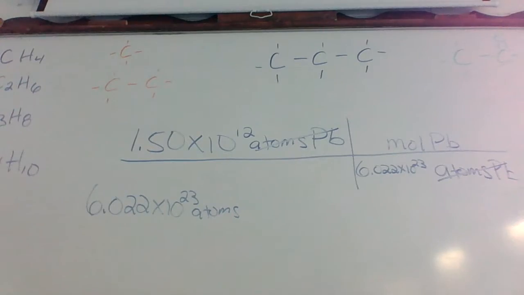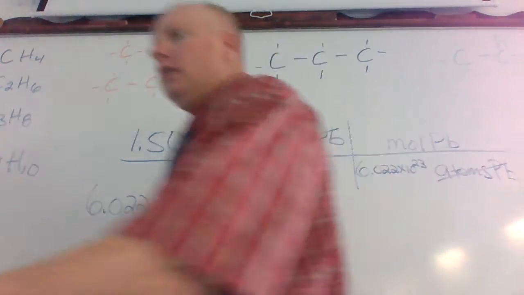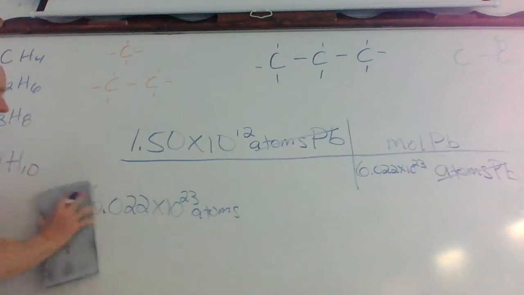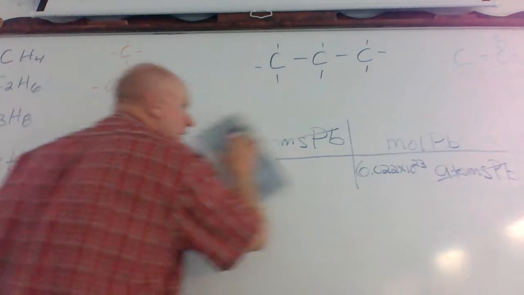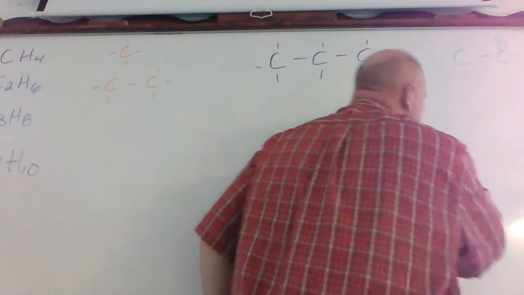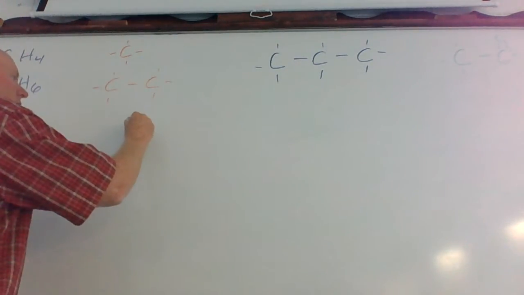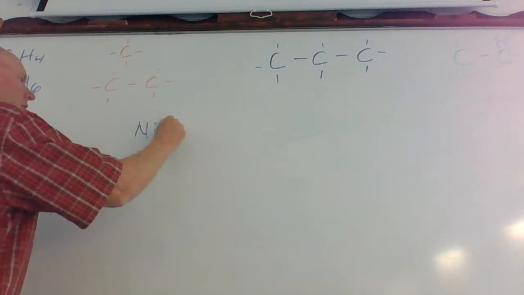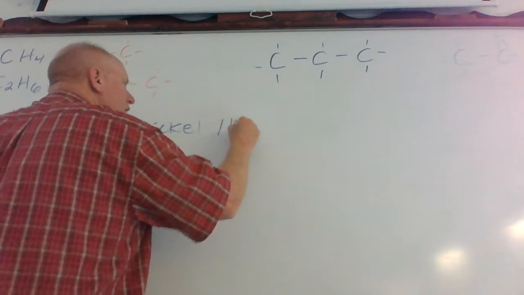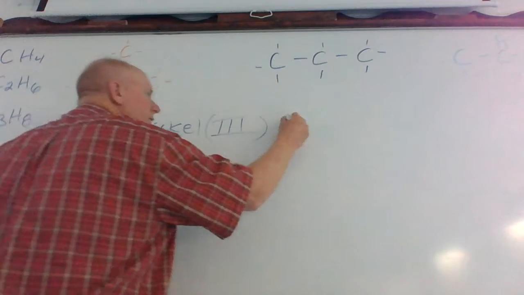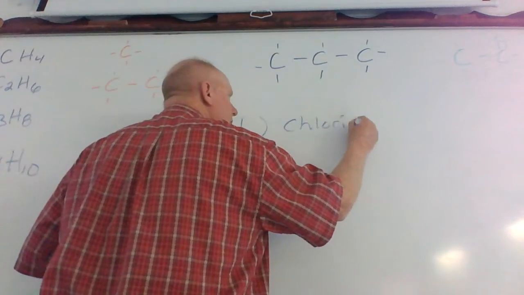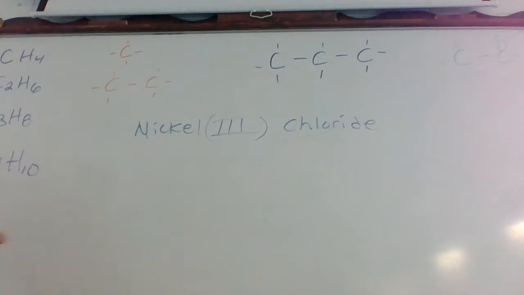Okay, so one last thing, then we'll get you on your way. For instance, if we had this compound, a little bit of a review. Okay, because some of these problems you're not given the compound.